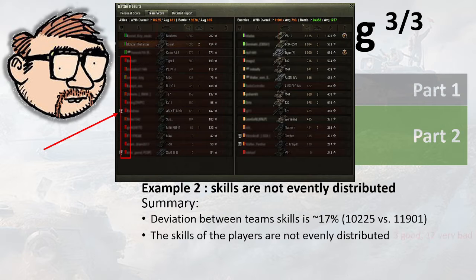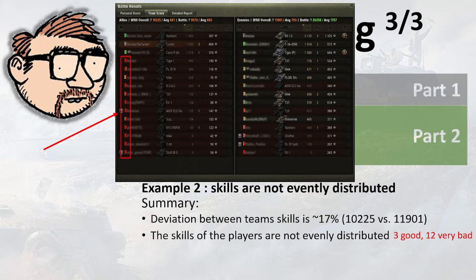But what is different with these teams? When we start to look at how these skills are distributed between players in both teams, we can easily see the reason why the other team lost.